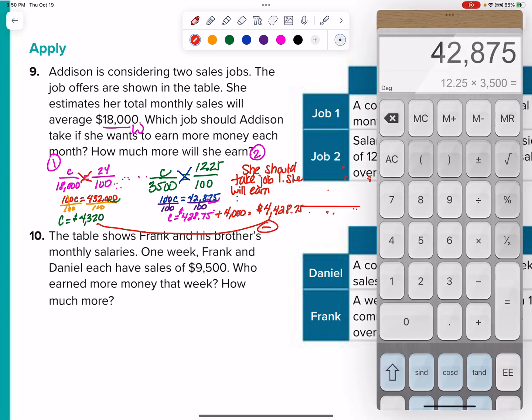So bigger number, 4,428.75, minus the smaller number, 4,320. Oops, I just said do the bigger number and I did the small one at first. You can tell it's late and I'm talking and messing up.